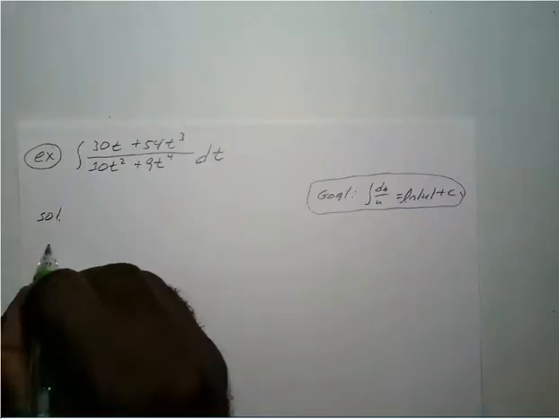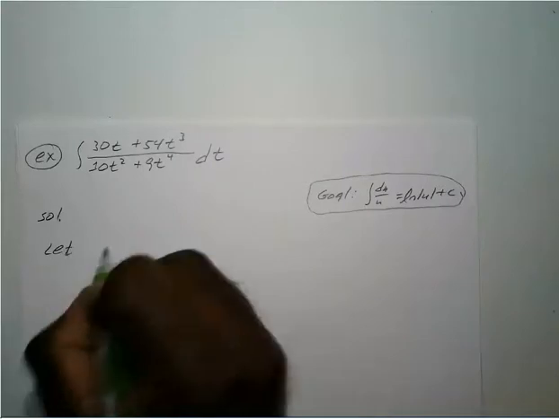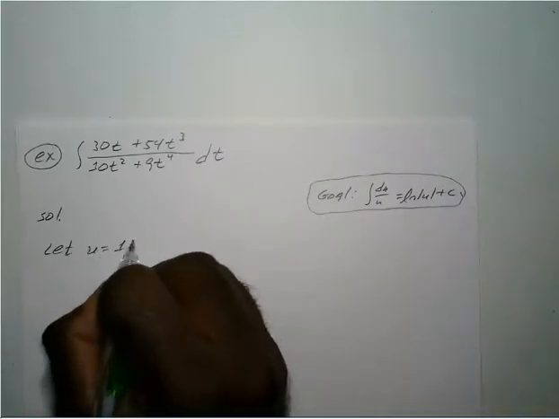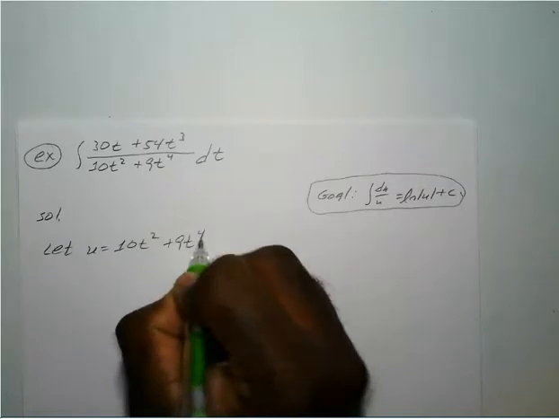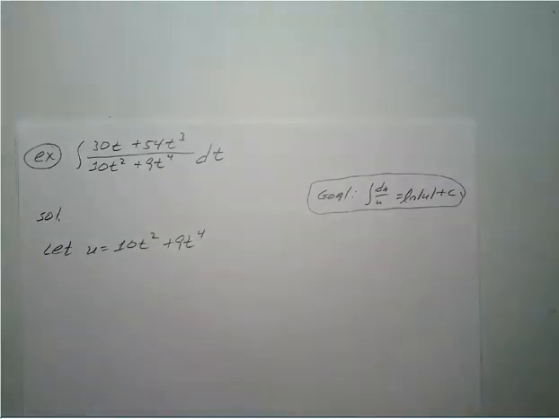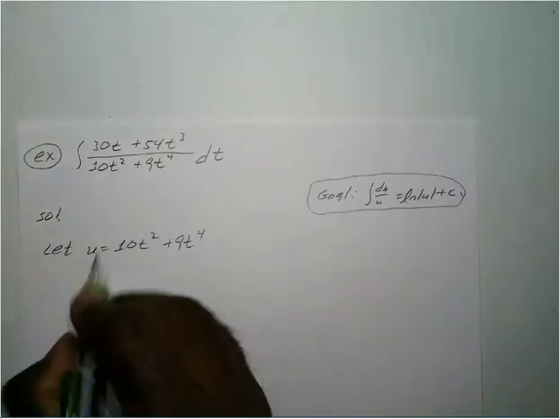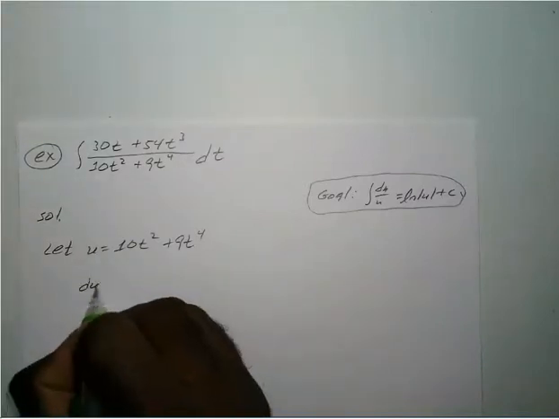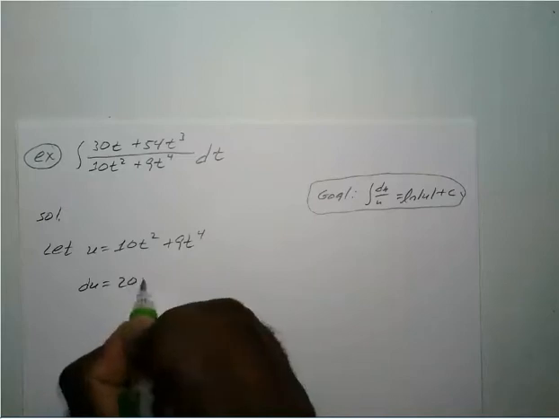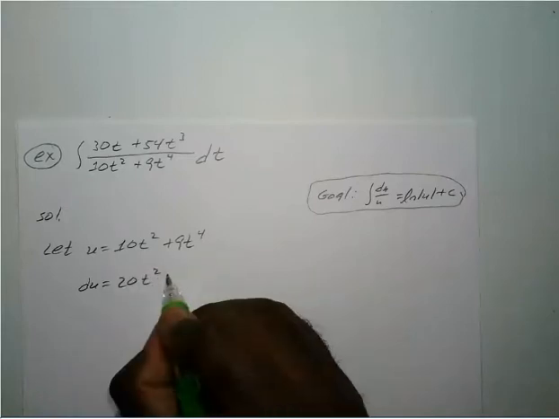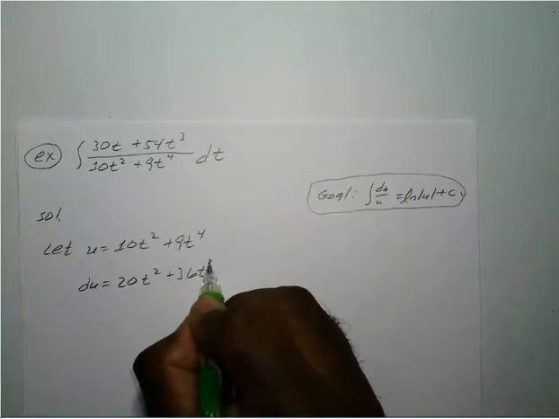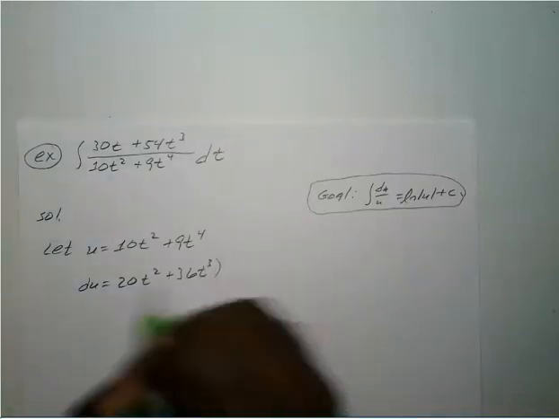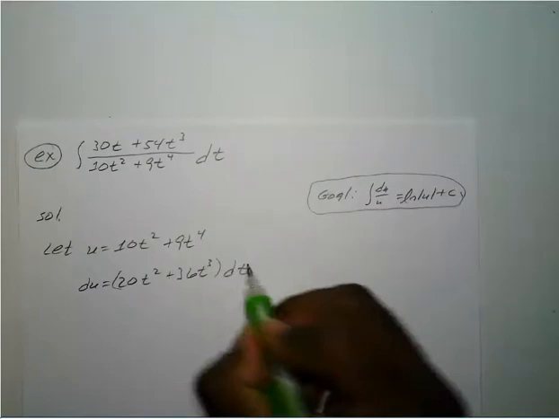Okay, so what if we let our u equal 10t squared plus 9t to the fourth? That means our du is going to equal 20t plus 36t to the third with respect to t.